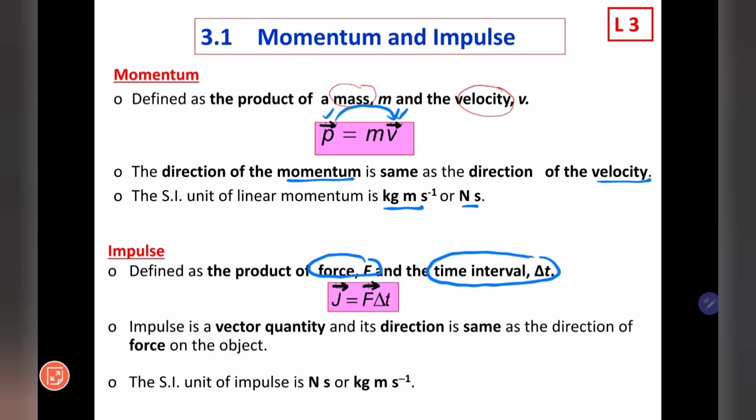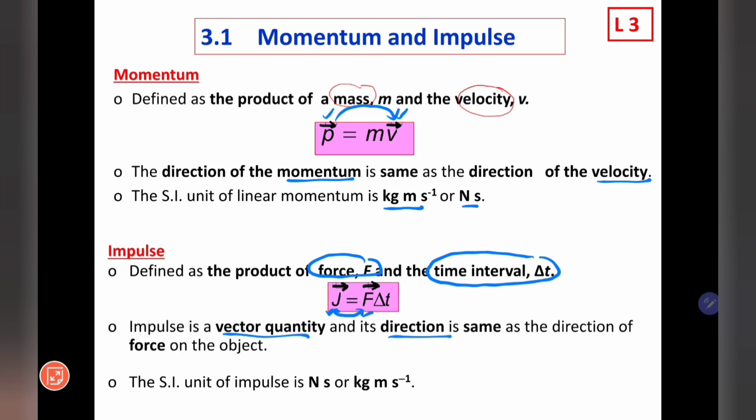The symbol of impulse is J. So J equals F delta T. Again, force is a vector, so impulse is also a vector, and J and F are directly proportional, so impulse is a vector quantity and its direction is the same as the direction of the force on the object.